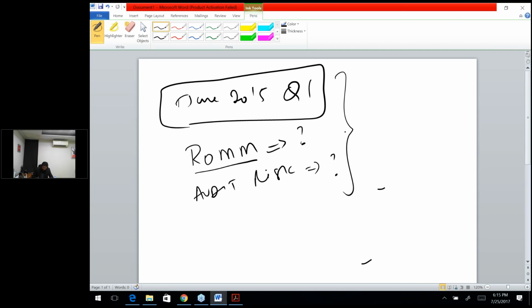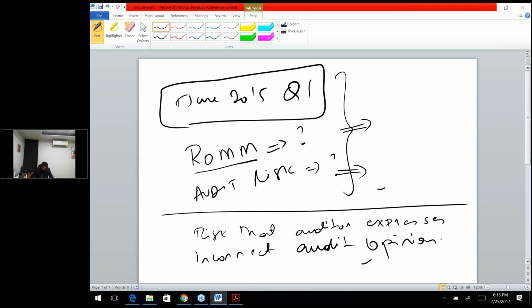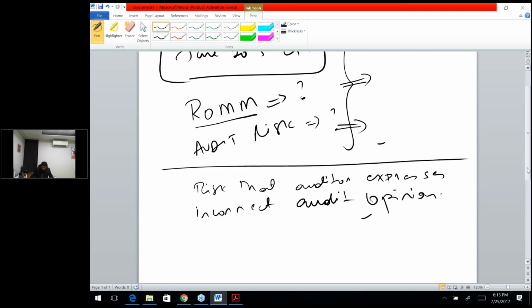So let's have a quick discussion about the risk of material misstatement and audit risk. Whenever we talk about the audit risk, audit risk is generally a risk that the auditor expresses incorrect audit opinion.